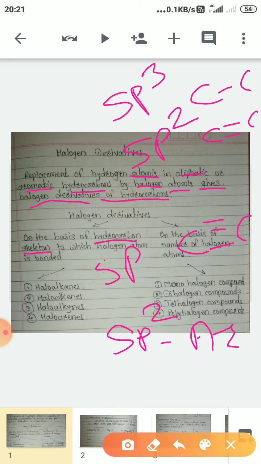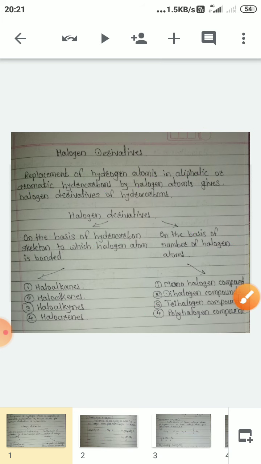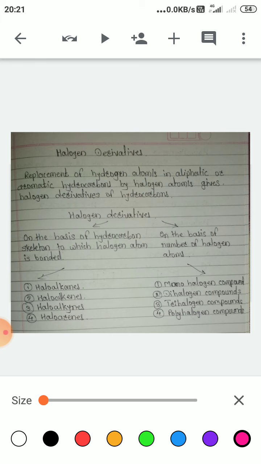Okay, the first ones are called haloalkanes, second haloalkenes, third haloalkynes, and fourth haloarenes. Second, on the basis of the number of halogen atoms, the halogen compounds are classified into monohalogen, dihalogen, trihalogen, and fourth, polyhalogen compounds.